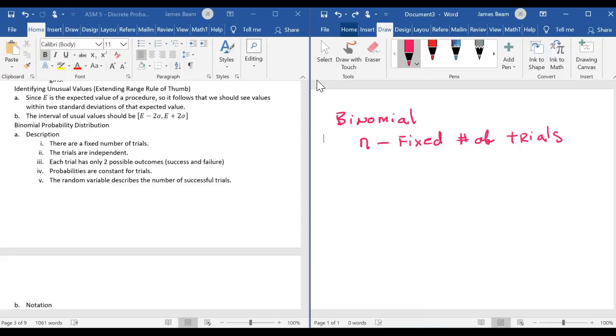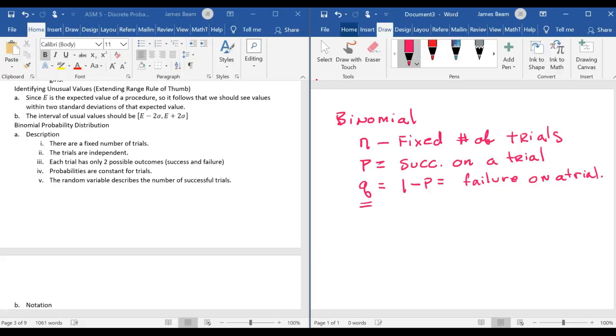We use the letter P to indicate the probability of getting a success on a particular trial. And we use Q, which is the same as 1 minus P, to indicate that we have a failure on a given trial. A trial will either succeed or it will fail. It cannot do both. This is why these are complements. Q has to be 1 minus P.